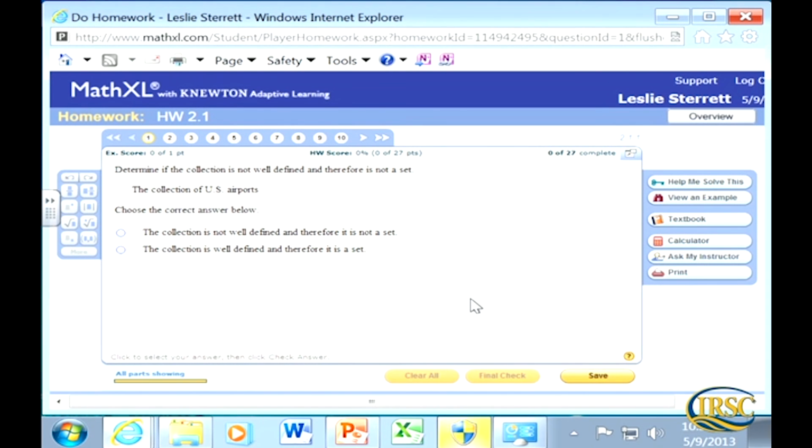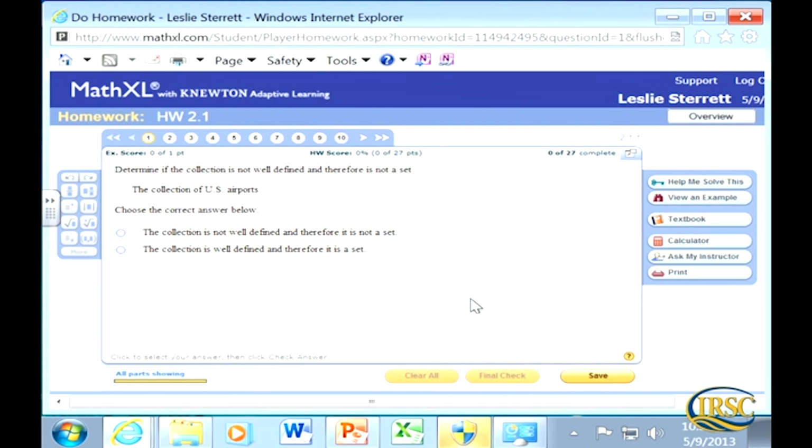The first choice would be number 1, and you could show your index finger, okay, I choose number 1. The second choice would be number 2, so show me 2 fingers on your hand, right here in front of you so that I can clearly see it, but not giving away the answer to everybody else. Okay, so choice 1 is not well defined, and choice 2 is well defined.